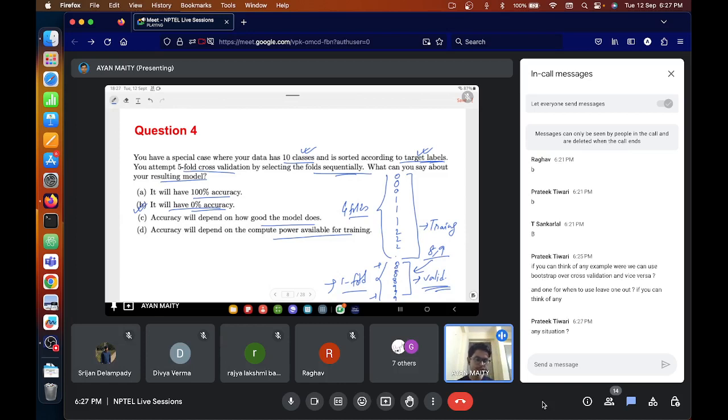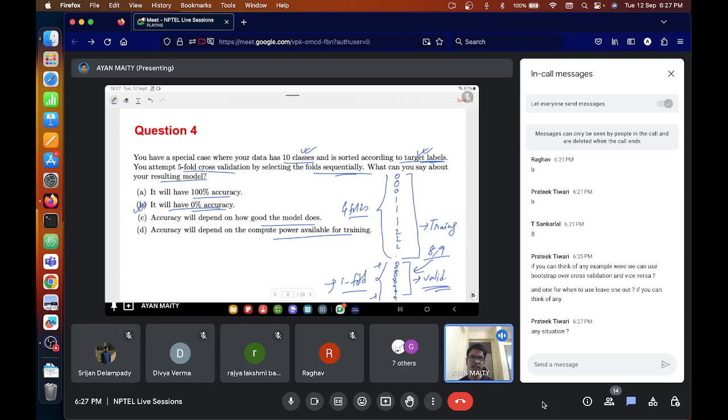Cross validation is an evaluation measure, a method for finding out the performance metric or the accuracy of your model. And bootstrap or bagging is an ensemble algorithm, to strengthen your classifier model. So those are two completely different things.